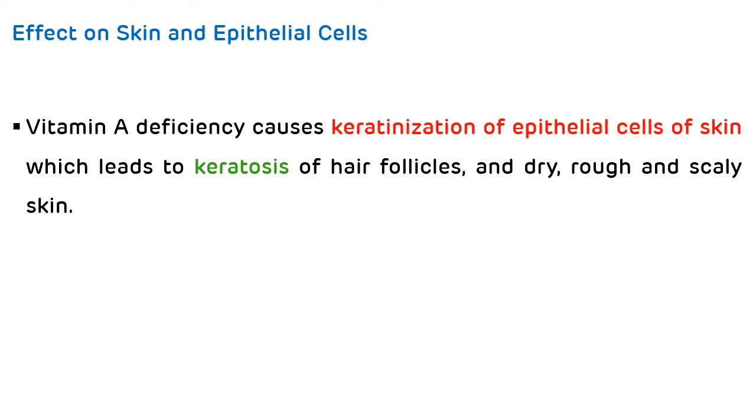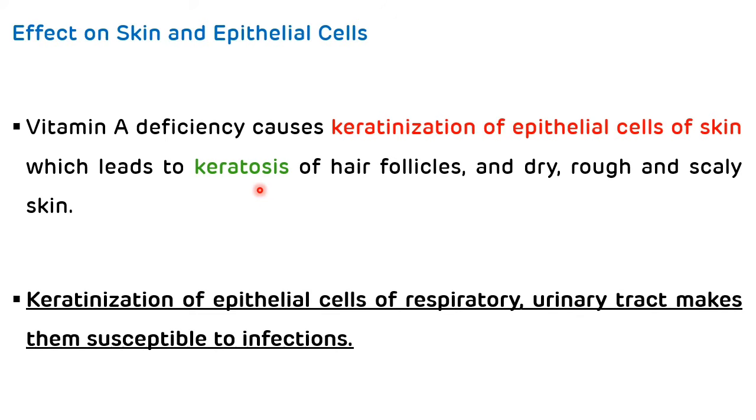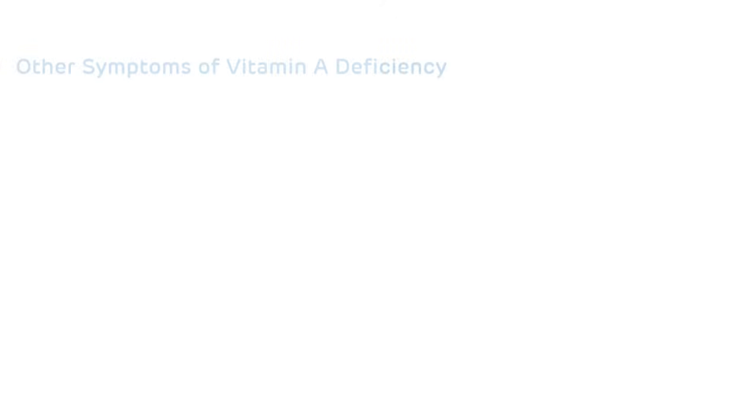Now, effect on skin and epithelial cells. Vitamin A deficiency causes keratinization of epithelial cells of the skin, which may lead to keratosis of hair follicles and dry, rough and scaly skin. Keratinization of epithelial cells of the respiratory and urinary tract makes them susceptible to more infections.